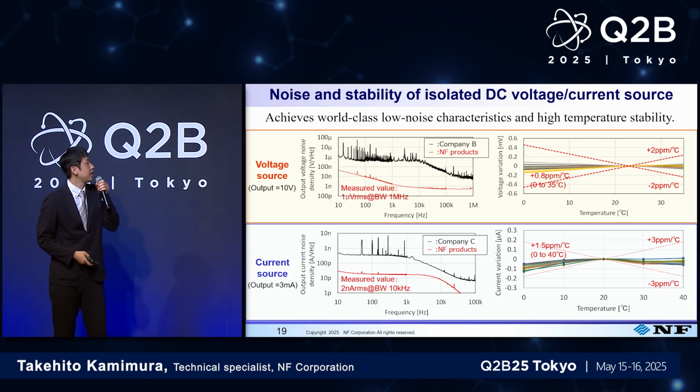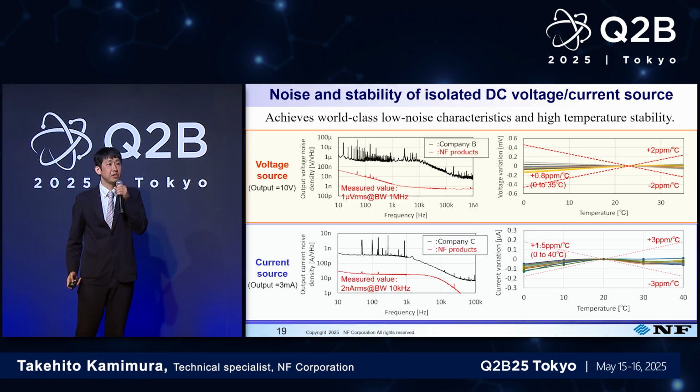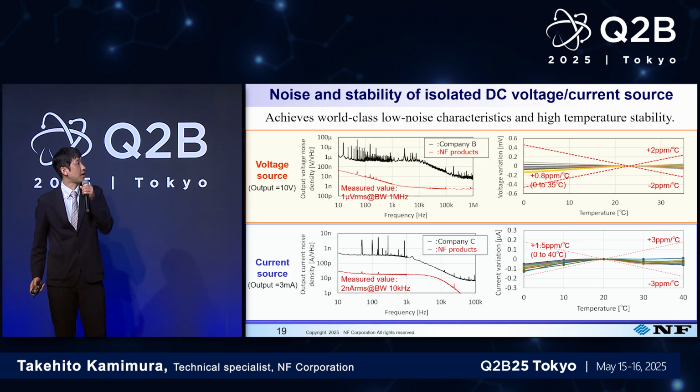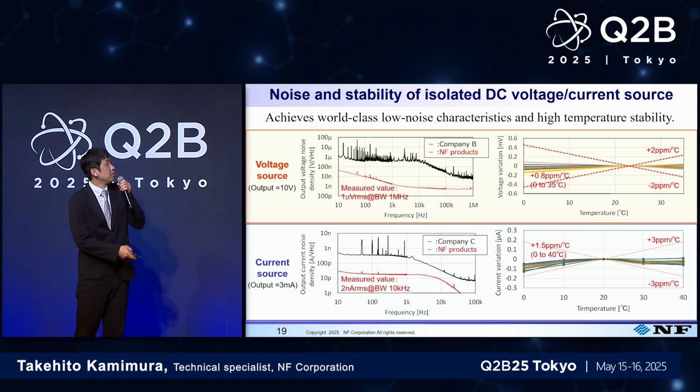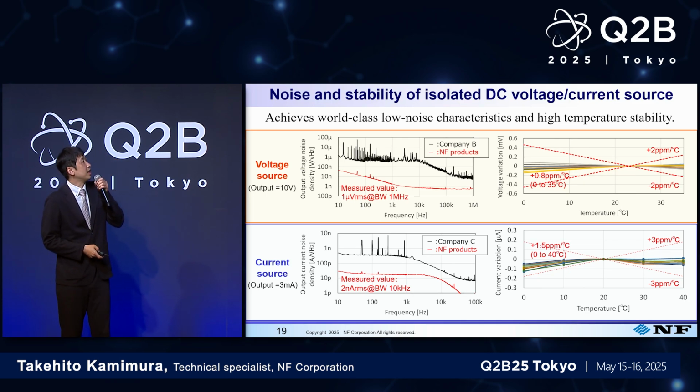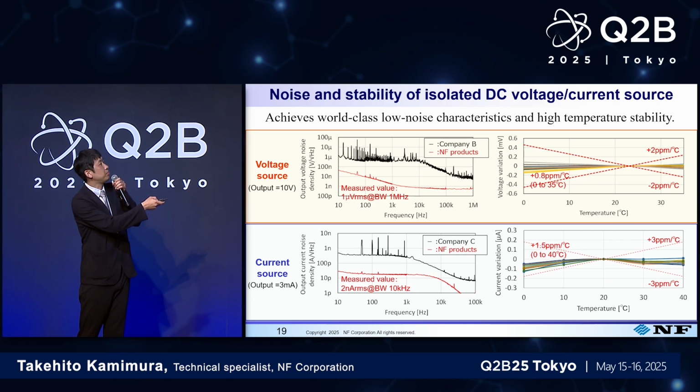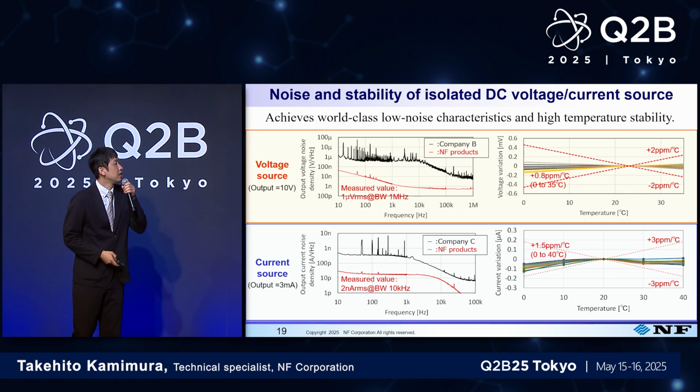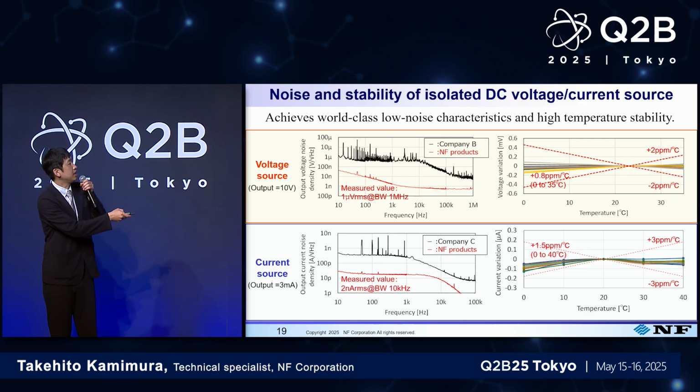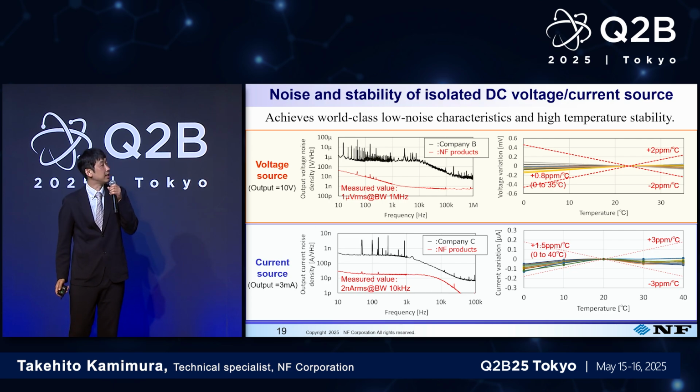The noise level of the voltage source is 1 microvolt RMS, and the current source noise is 2 nanoampere RMS. So this is world top level low noise performance. On the right side, you see the temperature dependence of the voltage and current source. The voltage source has a temperature stability of 0.8 ppm, and the current source temperature stability is 1.5 ppm.